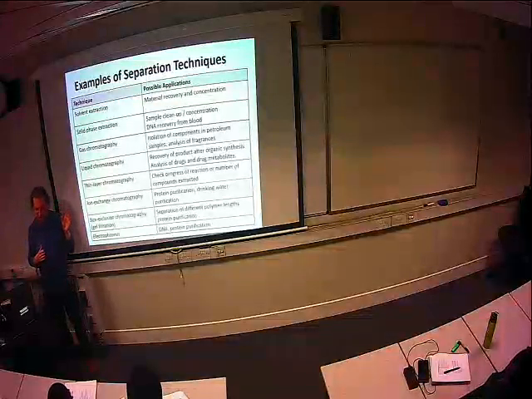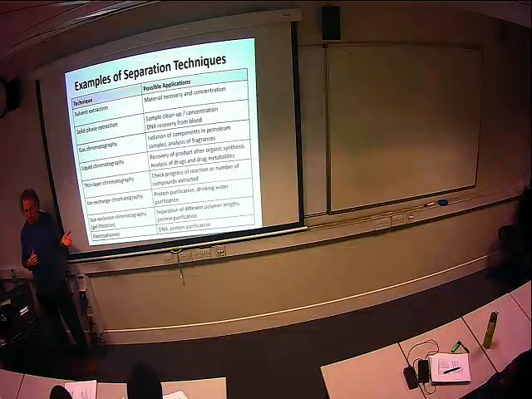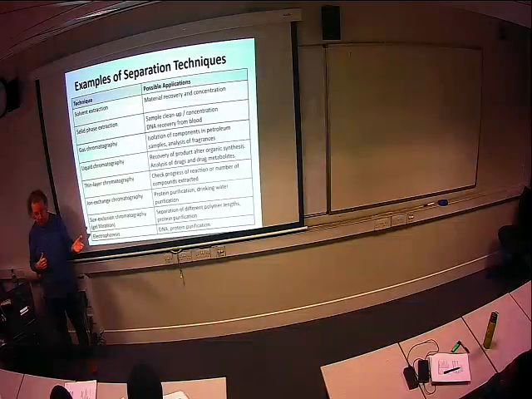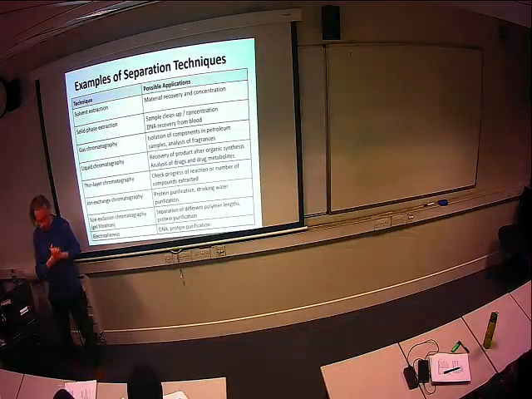I'm still getting to grips with this before I do the electrophoresis lectures, but you can also modify it to separate out neutral molecules as well, with various modifications to the underlying electrophoresis technique.